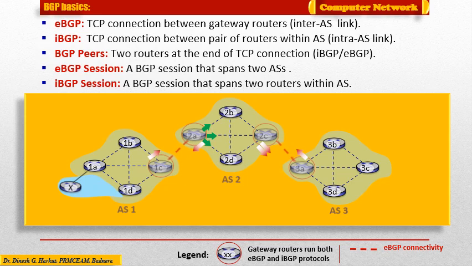This line, indicated by a red dashed line, is an indication of eBGP connectivity. Here E stands for external, because we are talking about a link external to the autonomous system. This link is used for communication from one AS to another AS; that is, inter-AS communication takes place over eBGP.